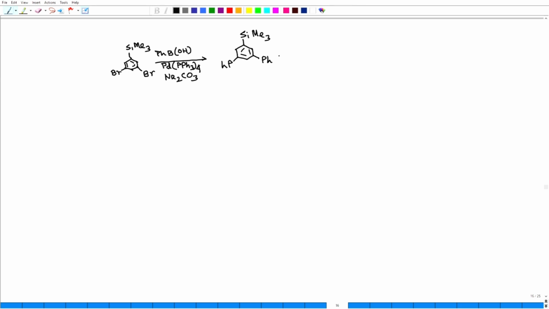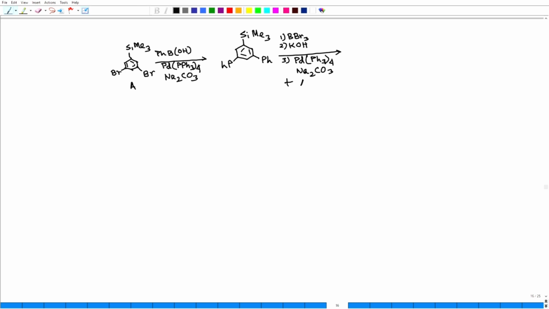Then we react with BBr3, alkaline, and then again add this catalyst, sodium carbonate, and plus we call it A.